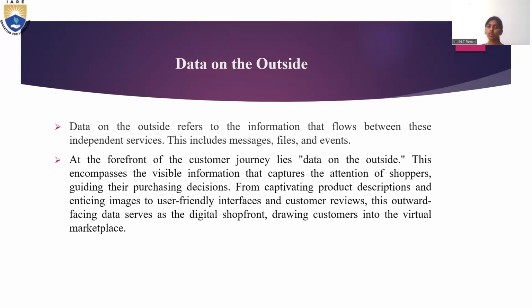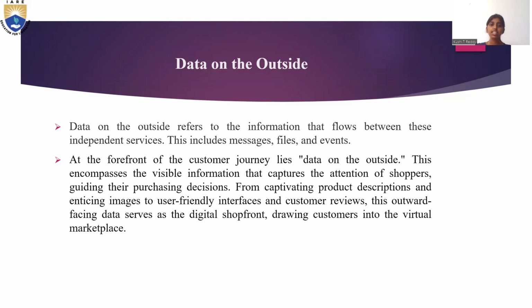Next, coming to data on the outside. Data on the outside refers to the information that flows between these independent services. These include messages, files, and events. So this is visible to the user. At the forefront of the customer journey lies the data on the outside. Whatever is visible to the user as a customer, whatever you are seeing, is nothing but data on the outside.